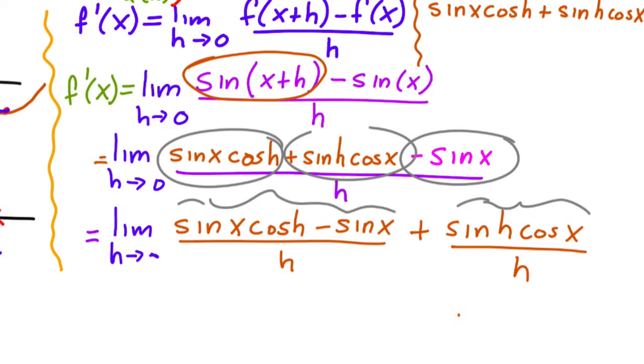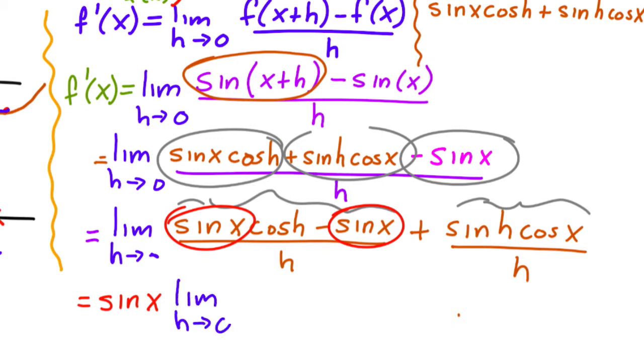Now, take a look at what happens here. You've got a sine of x in common right there. And so that one you can take out. Now, I'm going to take it out of the whole limit. I'm going to just write this as sine of x times the limit as h approaches 0 of, well, what's left over is cosine of h minus 1 over h.